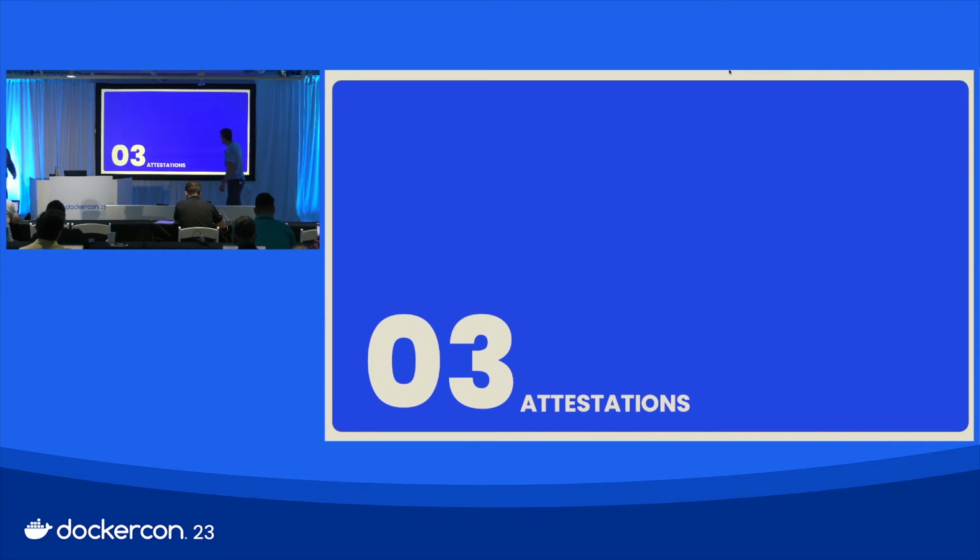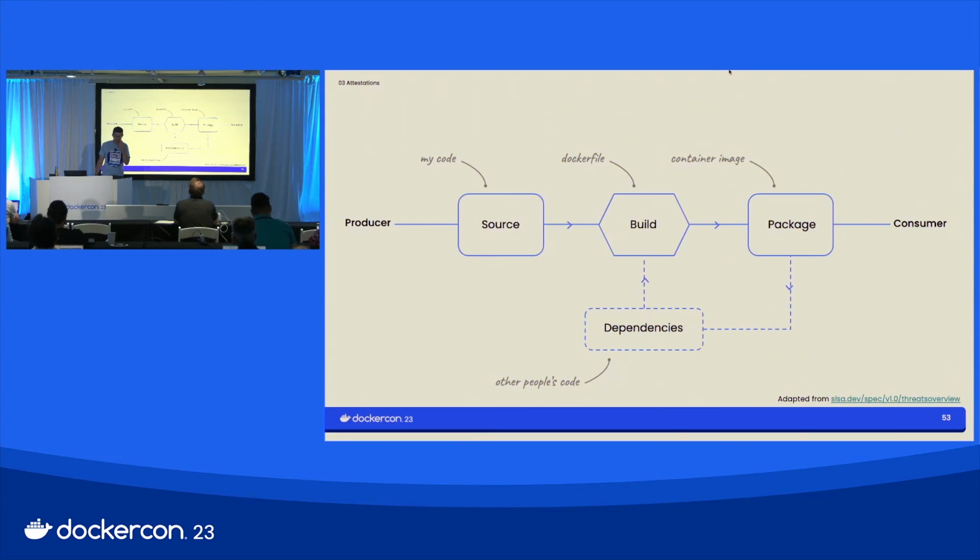So, all right, moving on to attestations. How does this magic work exactly? You'll remember this diagram from before about our software supply chain: your code, other people's code, the build systems, the package.